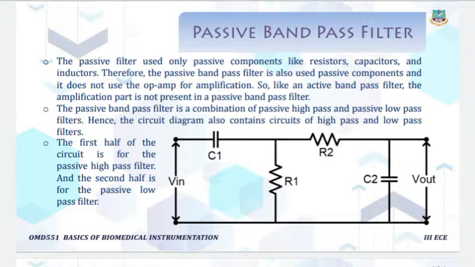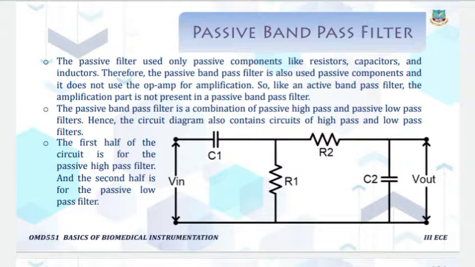In the active band pass filter, we use an op-amp for the amplification purpose, and in this passive band pass filter, we are not using the op-amp for amplification. Without the op-amp, the remaining high pass filter as well as the low pass filter is used in this passive band pass filter.